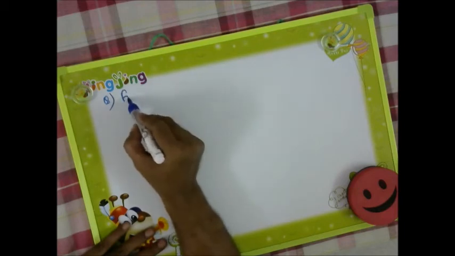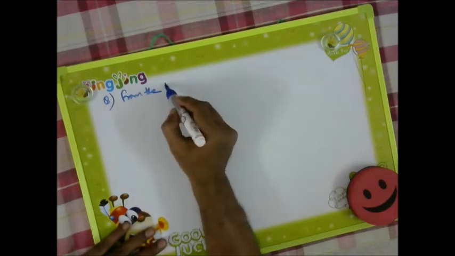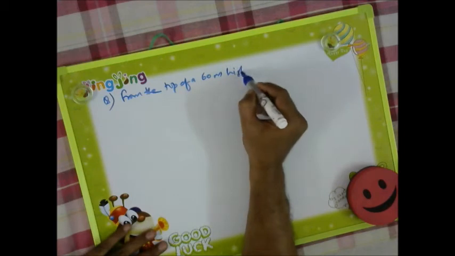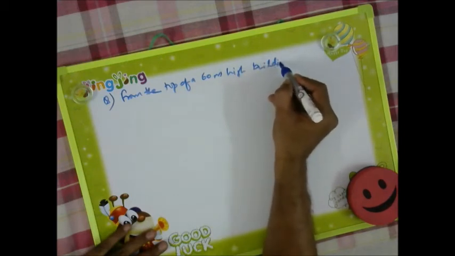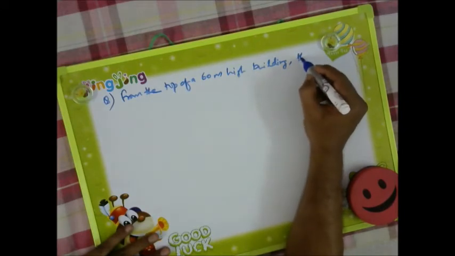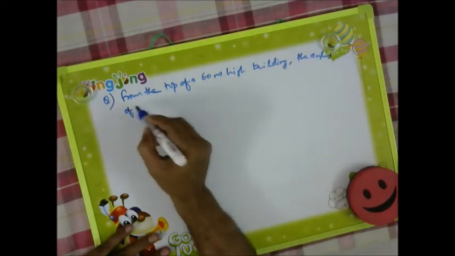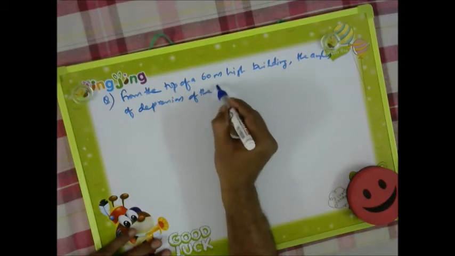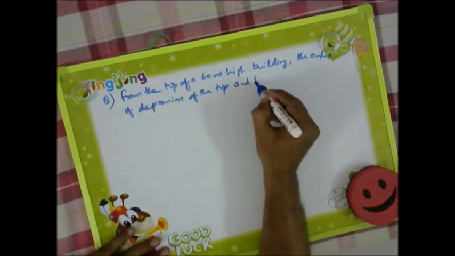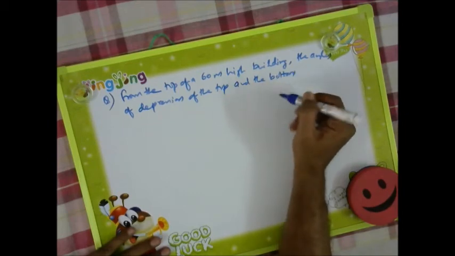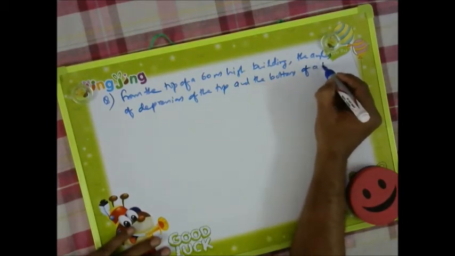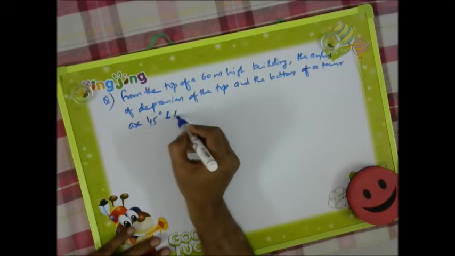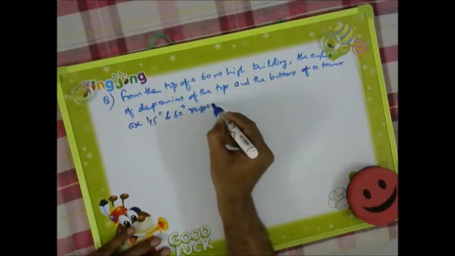It is given that from the top of a 60-meter high building, the angles of depression of the top and the bottom of a tower are 45-degree and 60-degree respectively.